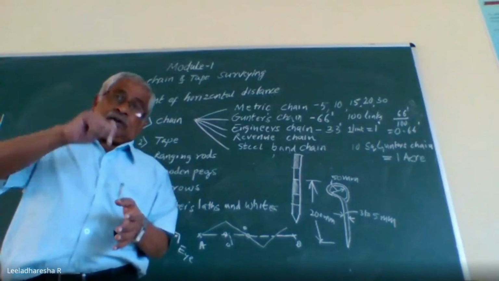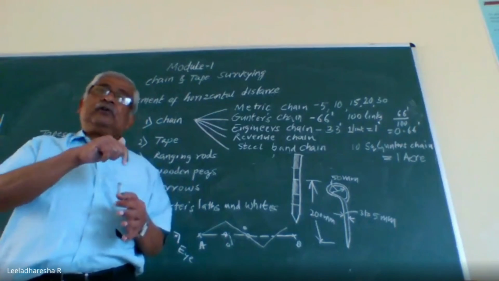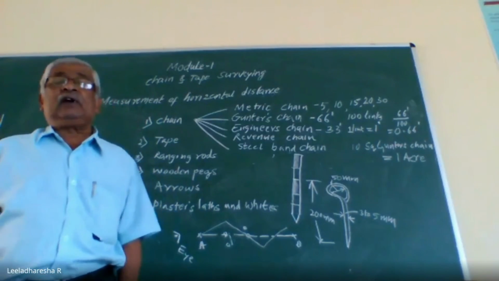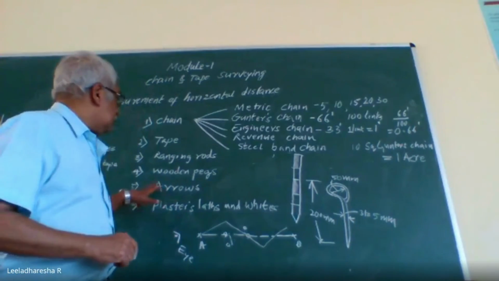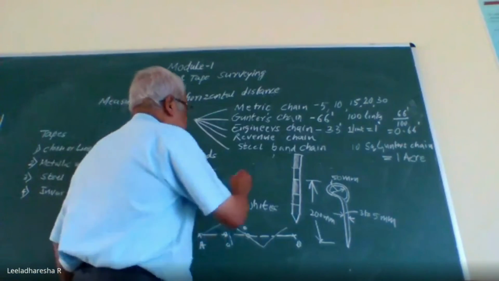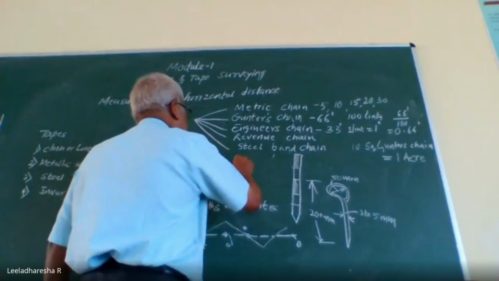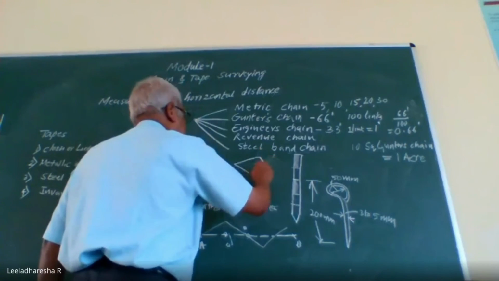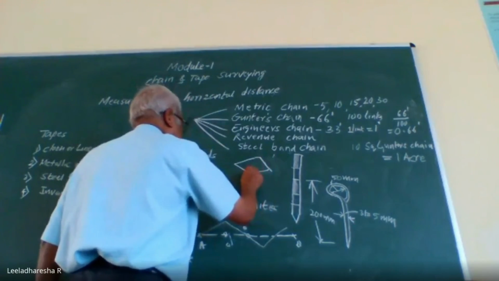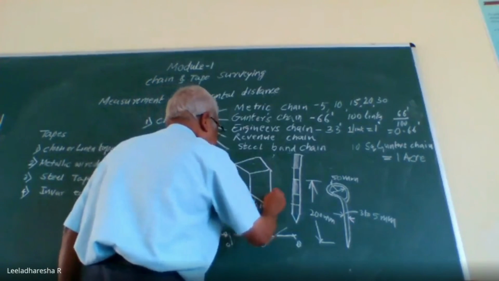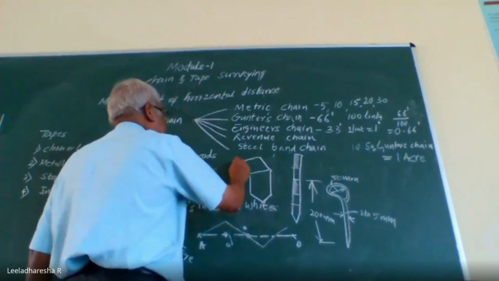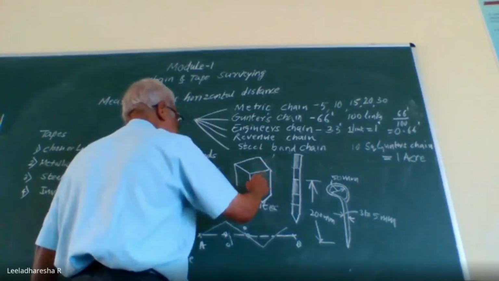And the next day after coming, we establish that point and continue our work. So, these pegs will generally be of this particular shape, and again, this also will have a sharp edge.